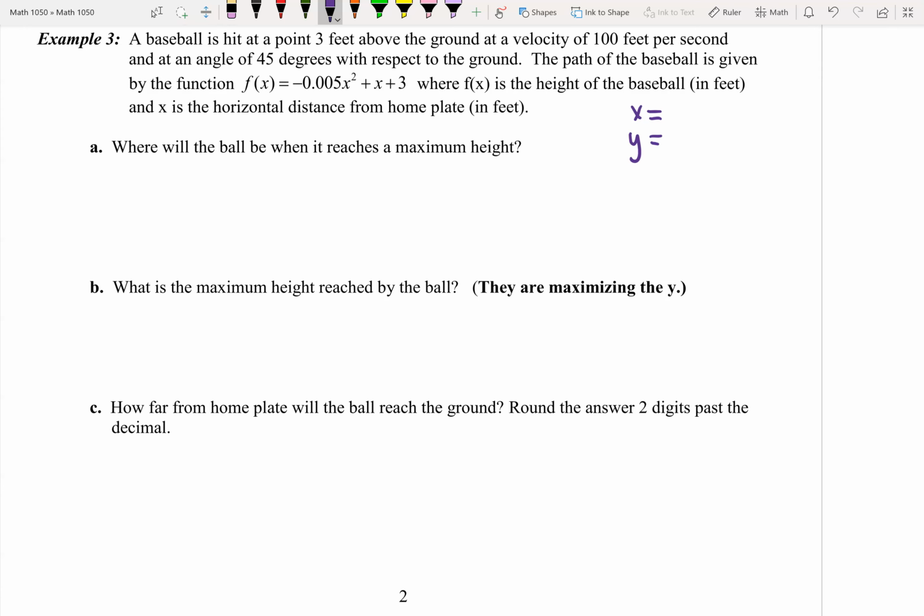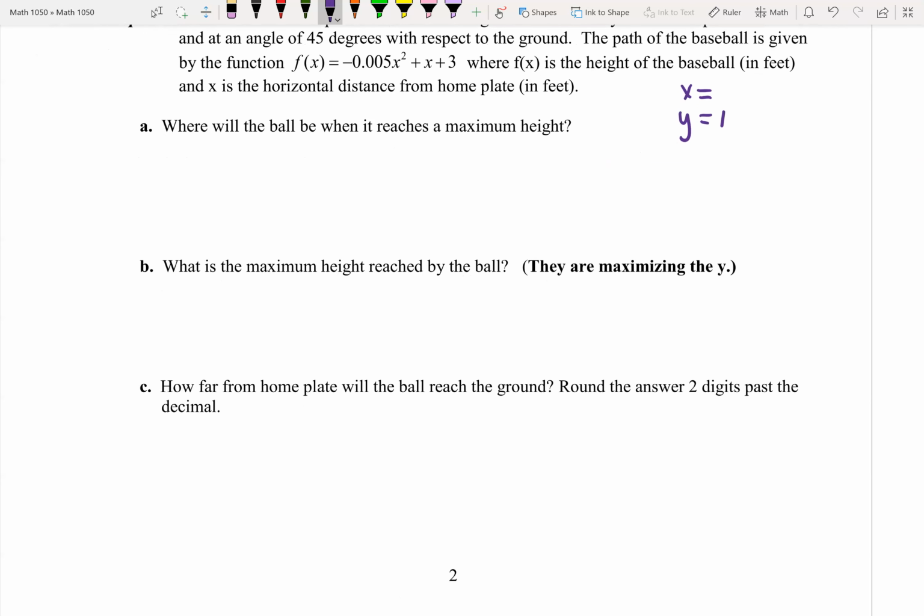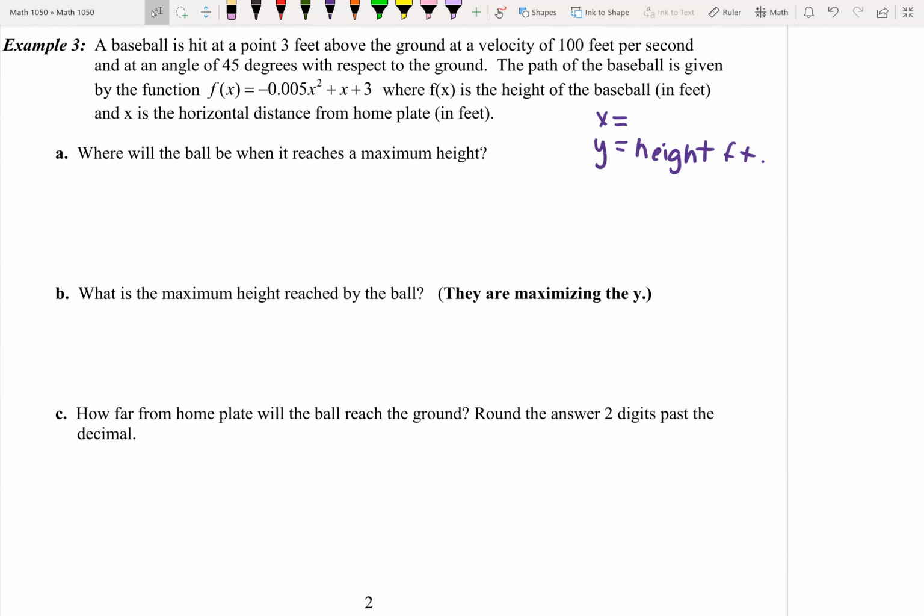It's solved for f of x. It says f of x is the height. So where it says y, I'm going to write height in feet. The x really is represented by an x, and that's the distance from home in feet. So I'm going to say distance from home in feet.